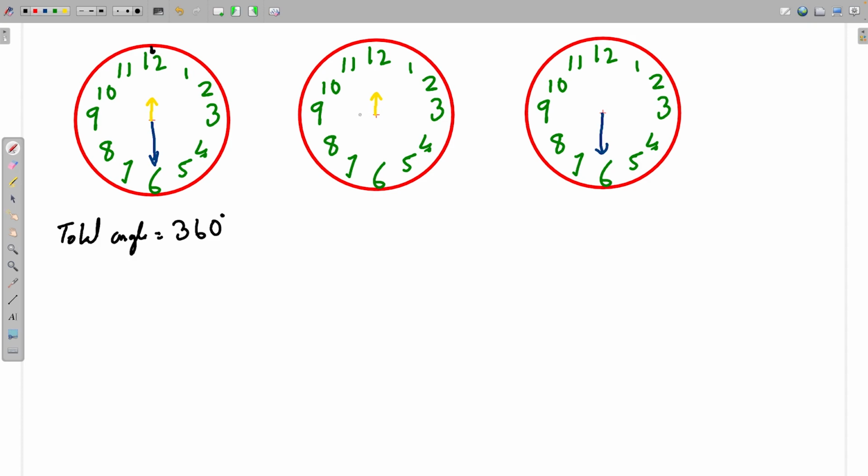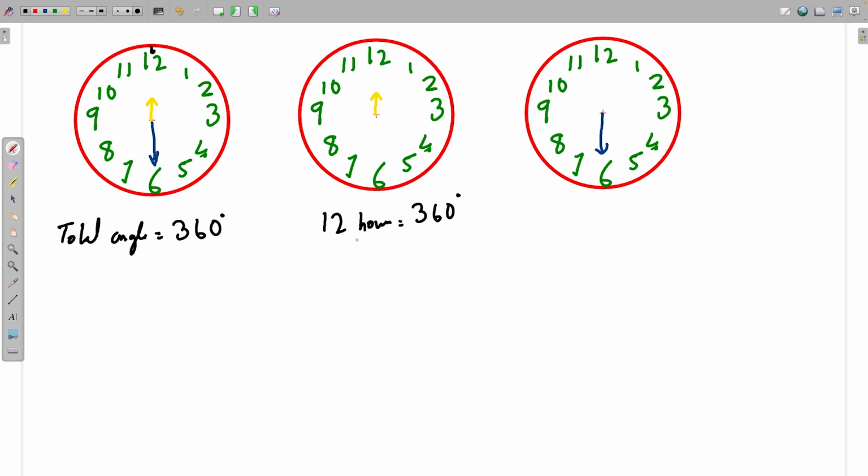Whenever the clock moves, the entire angle moves too. The basic understanding here is that we have 12 hours. For 12 hours, the hour hand moves 360 degrees.